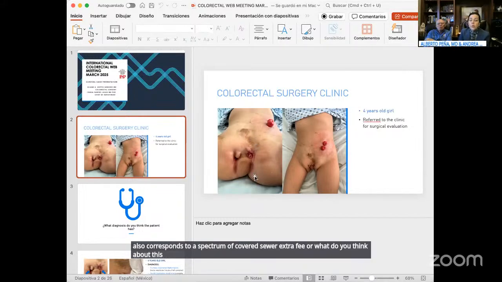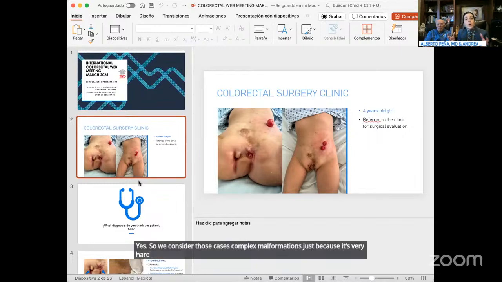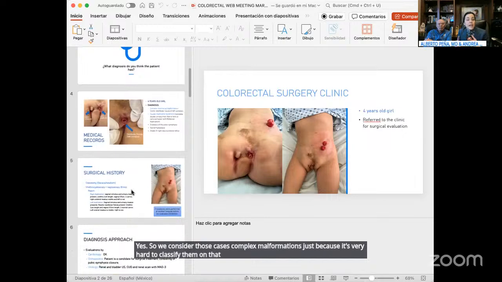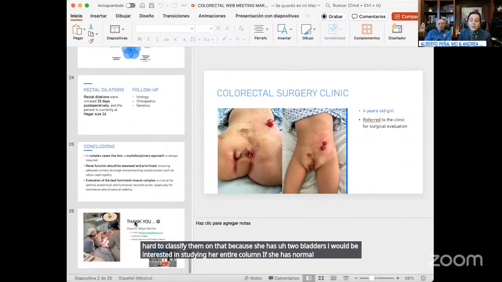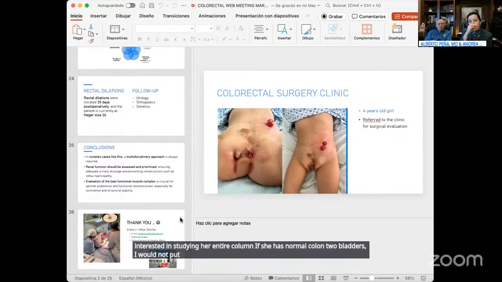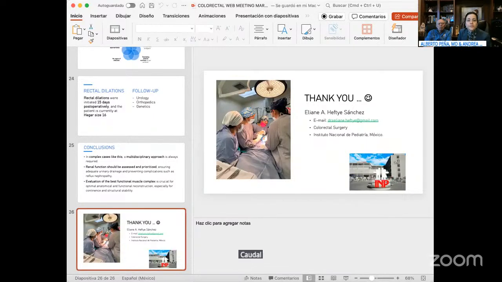Yes. So we consider those cases complex malformations, because it's very hard to classify them. Because she has two bladders, I would be interested in studying her entire colon. If she has a normal colon and two bladders, I would not put her in the spectrum of exstrophy. I would put her in complex anomaly, caudal duplication.